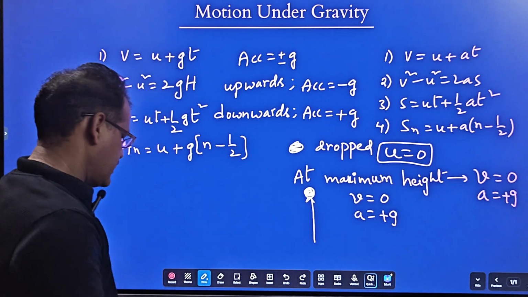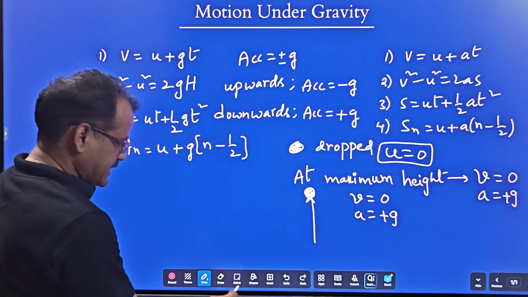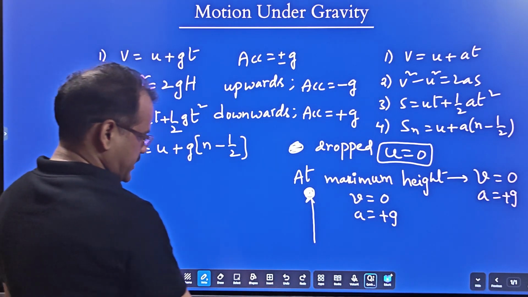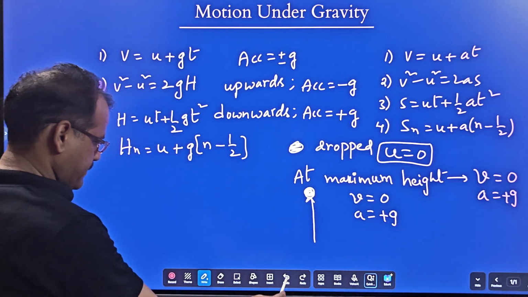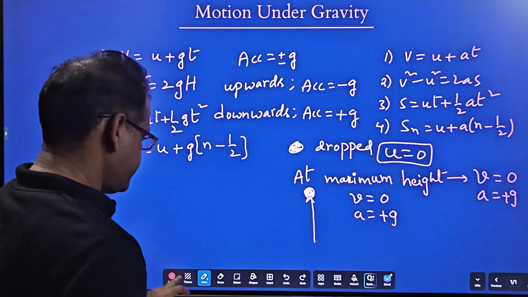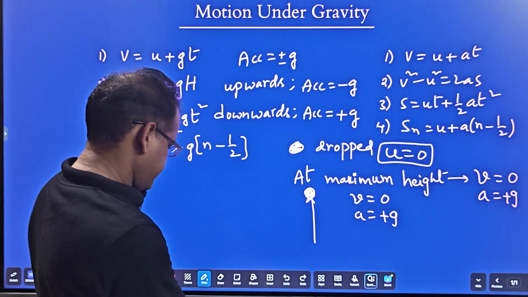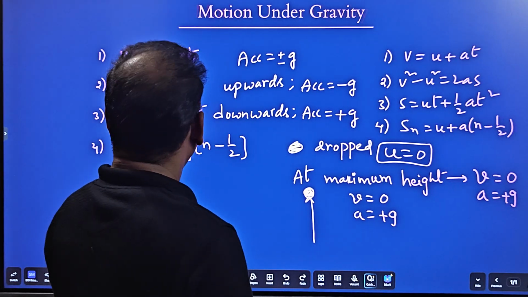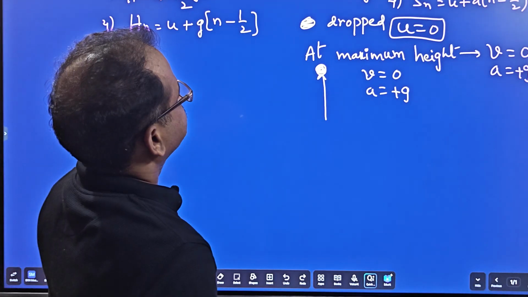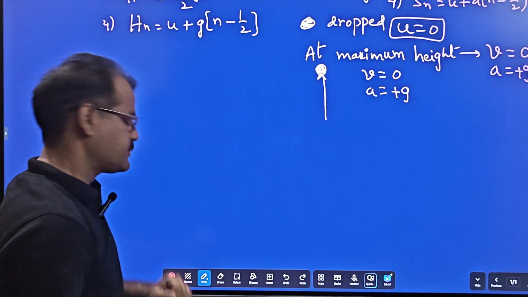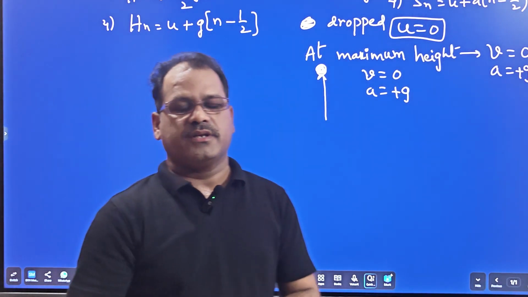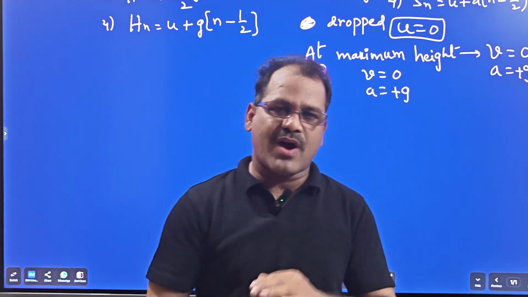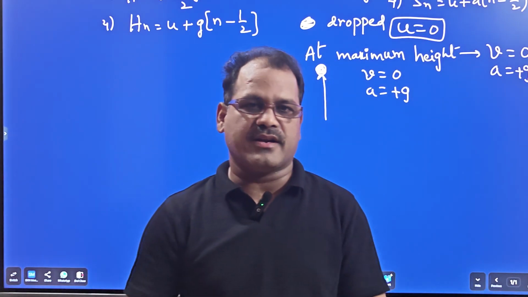Now let us see the situation here. Let us consider one situation. An object is dropped. At what height it is dropped is not given.